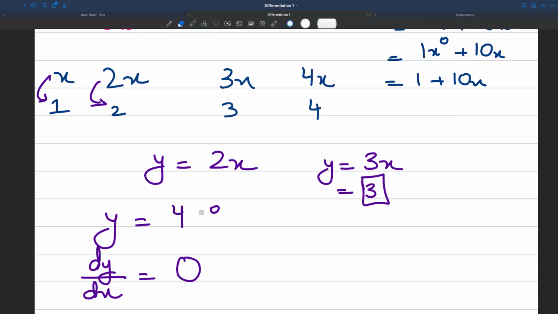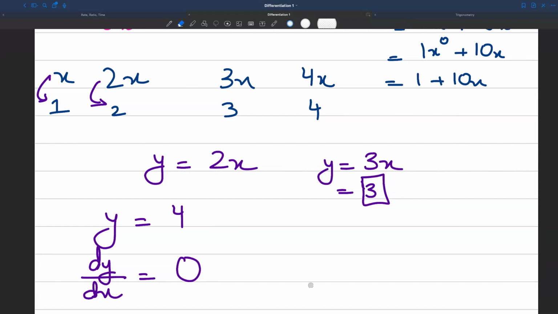But if you say, no sir, don't explain it mathematically to me, I would say y is equals to 4 is a constant. When we talk about dy dx, we're talking about change. What change can happen with 4? Nothing. It will remain 4. So that's why the change is 0. That's the explanation. Mathematically, I've just shown you why it will be 0.